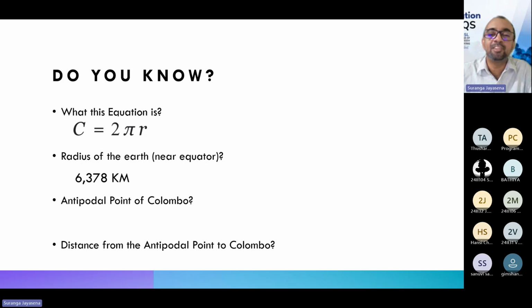It will be one of the oceans. What is there on the other side? What is there near us? What is the ocean near us? South Indian Ocean.